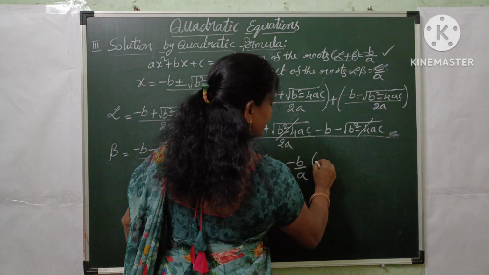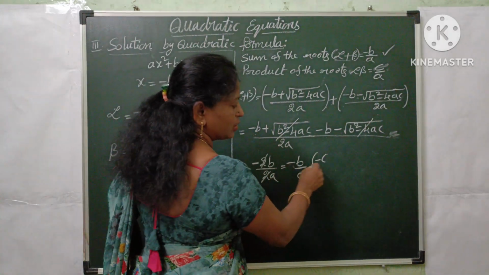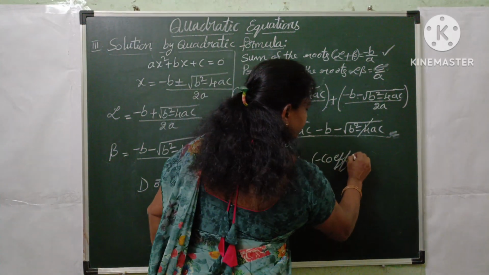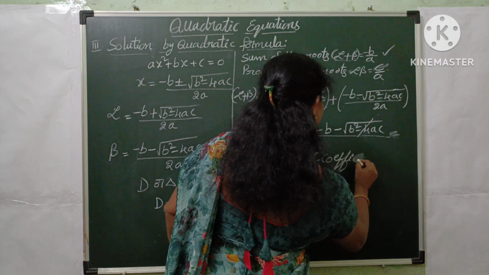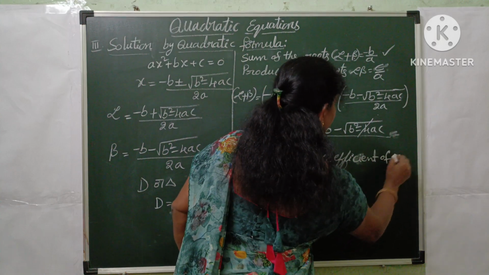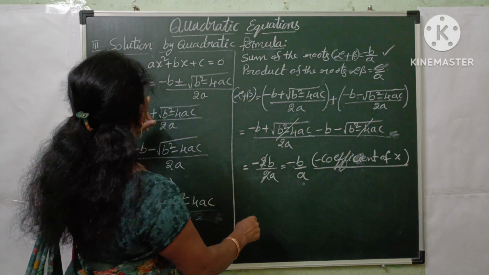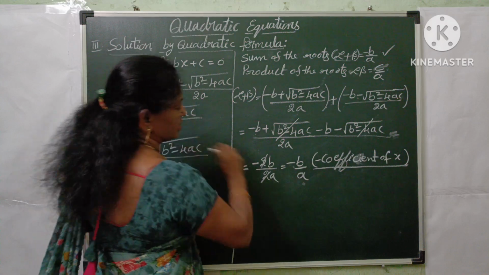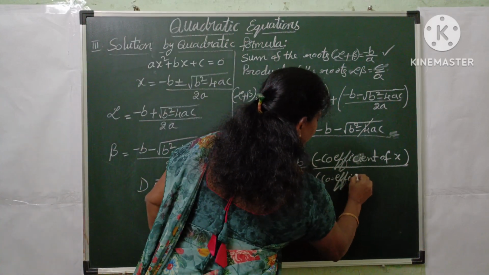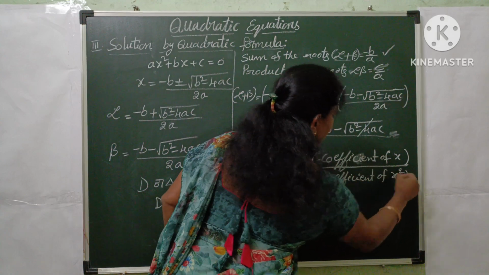Here minus b by a means b is the coefficient of x. Already here minus, so minus coefficient of x by a, which is the coefficient of x square.